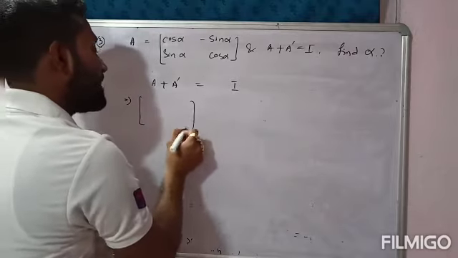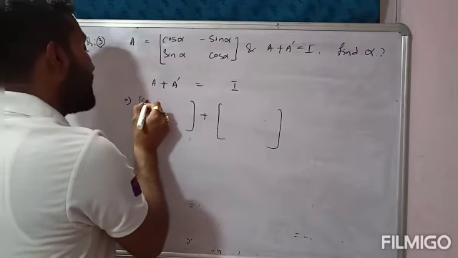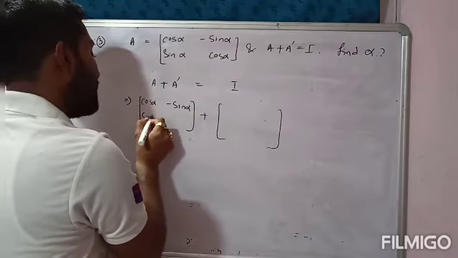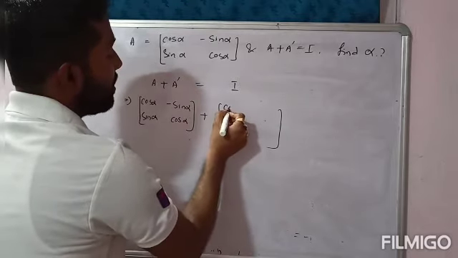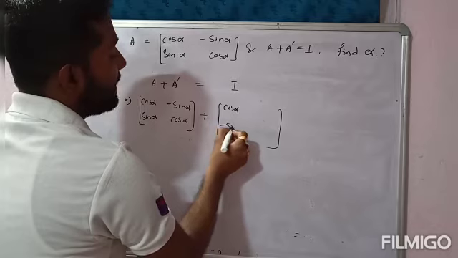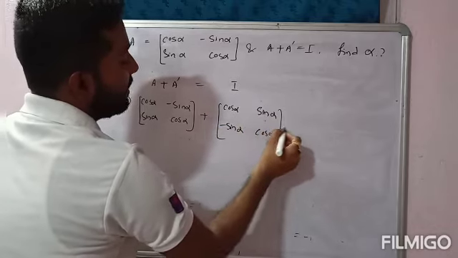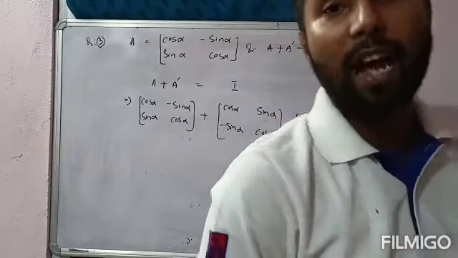first of all on the left hand side we can put the values of A and A transpose. We know the value of A, that A is cos alpha minus sin alpha, sin alpha cos alpha. What about A transpose? Cos alpha sin alpha, minus sin alpha cos alpha. This is equal to, based on the order of the given matrix, write down the values of I also.